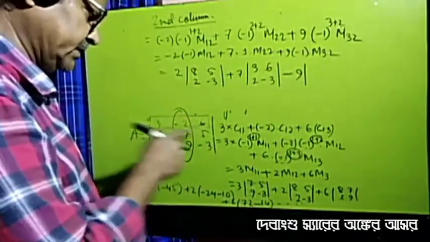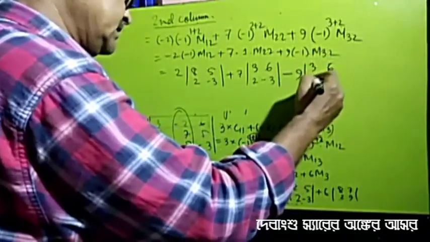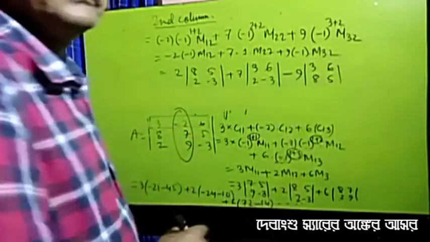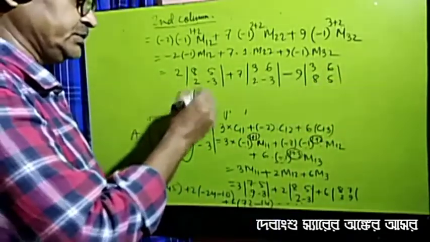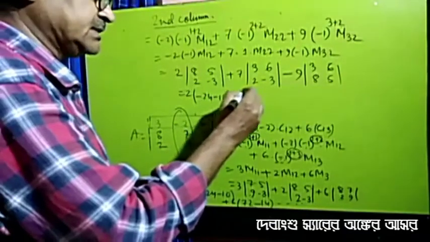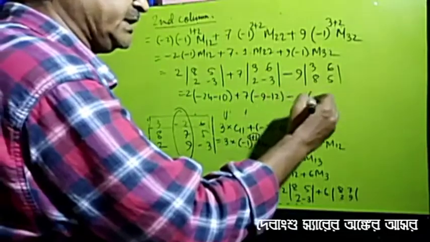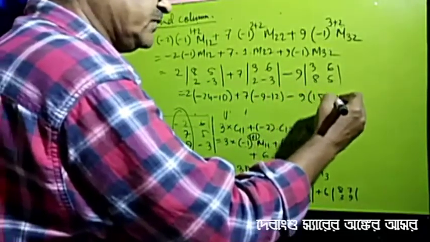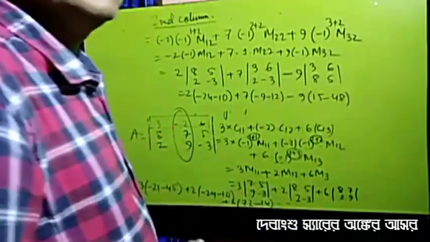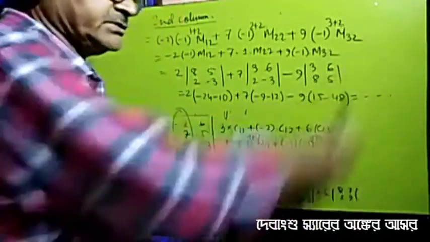Only these 4 elements remain. 3, 6, 8, 5. So its value is 2 into, again, minus 24 minus 10, plus 7 into minus 9 minus 12, minus 9 into 15 minus 48. You calculate this and you have this. Look at these two are equal.